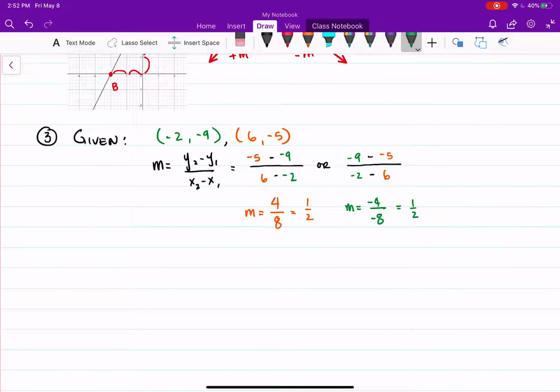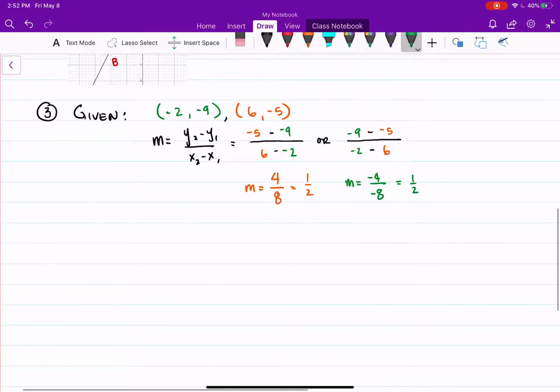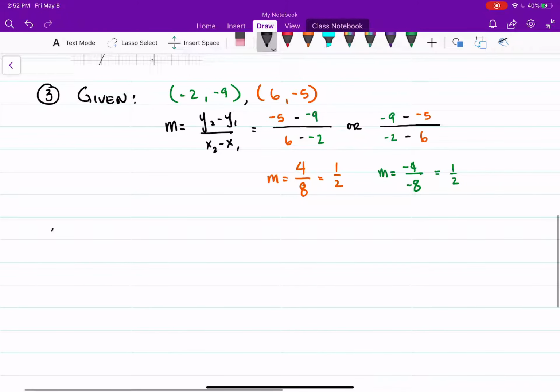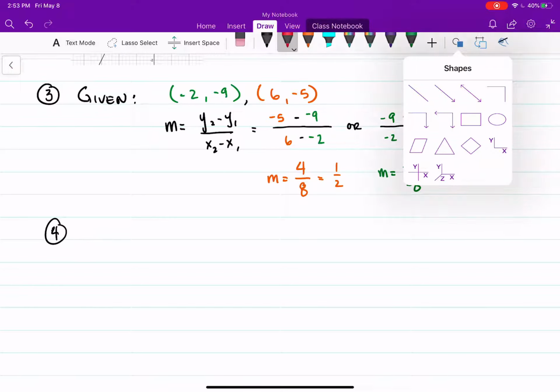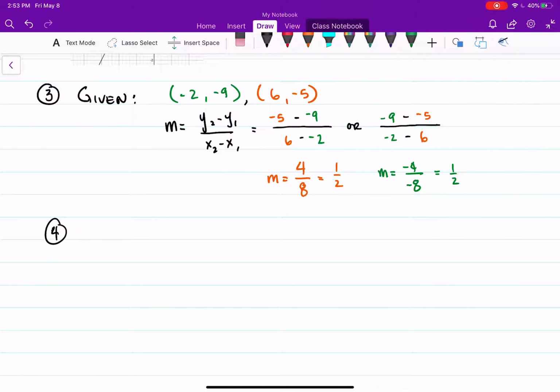And then next, we're going to talk about horizontal and vertical lines. Right? You know what? Let's not even write it. Let's just draw it. So here's a horizontal line.